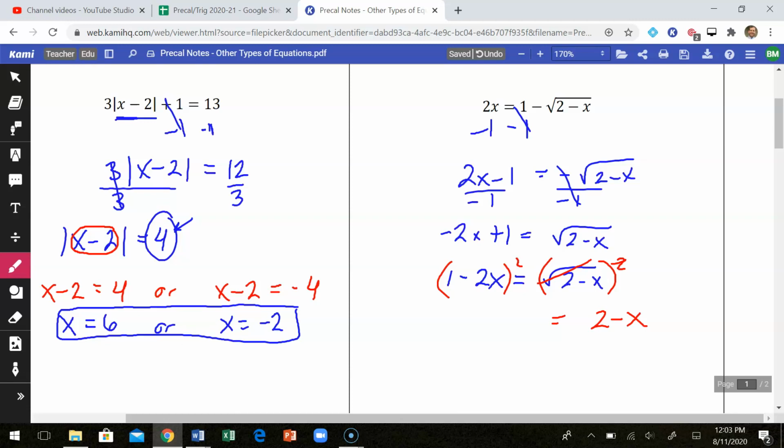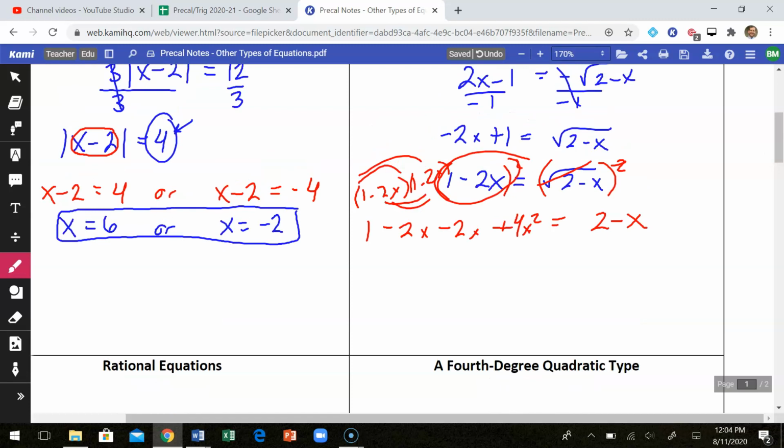The left side of the equation, 1 minus 2x squared, means I have 1 minus 2x times itself. That's what that means. So I need to know that, and I need to FOIL this out. So 1 times 1 is 1, 1 times negative 2x, negative 2x times 1, and negative 2x times negative 2x would be plus 4x squared.